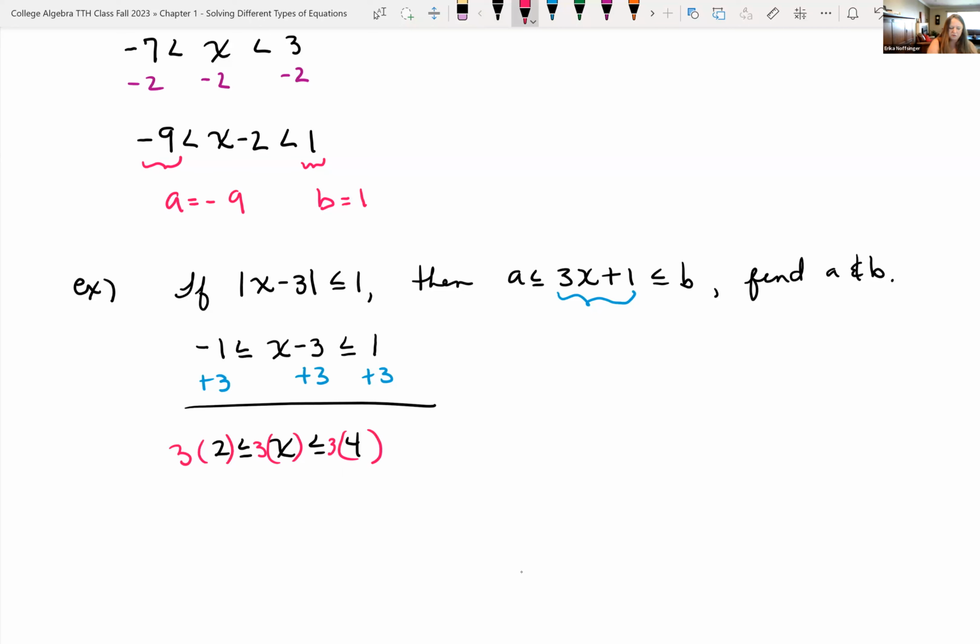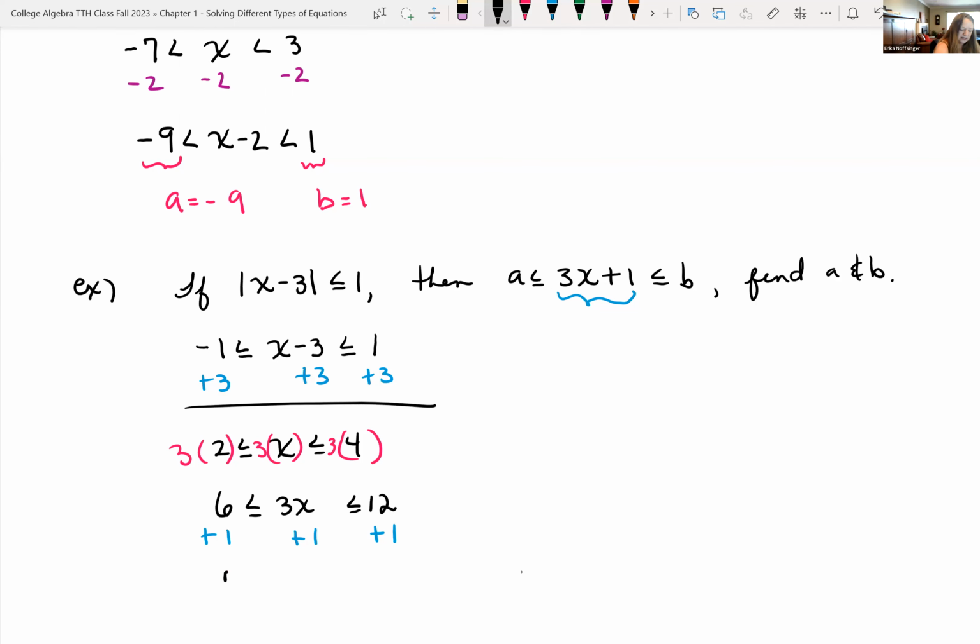So we can multiply everything through by 3. So I have 3 times 2 is 6, is less than or equal to 3x, is less than or equal to 12. So I have the 3x in between, but I want 3x plus 1. We can get that plus 1 by adding 1 to all sides of our inequality.